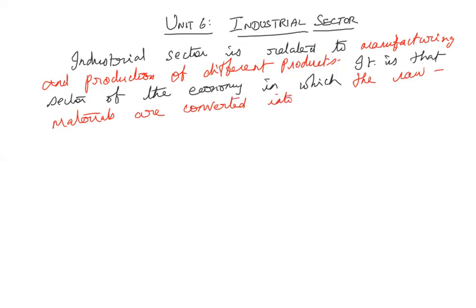So this is manufacturing. When we are saying manufacturing is happening in the industries, production is happening in the industries, it is nothing but they are converting the raw materials into finished products, either through machinery or through labor. So that is the industrial sector.